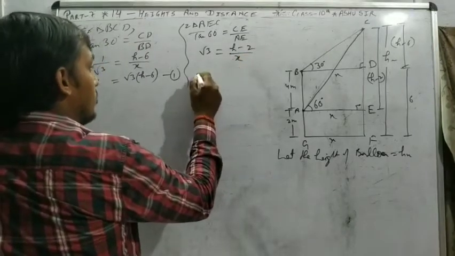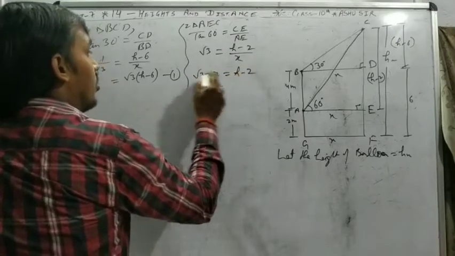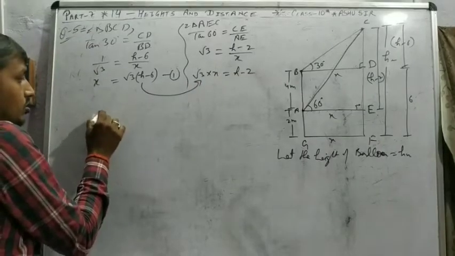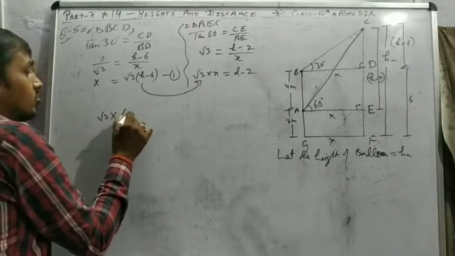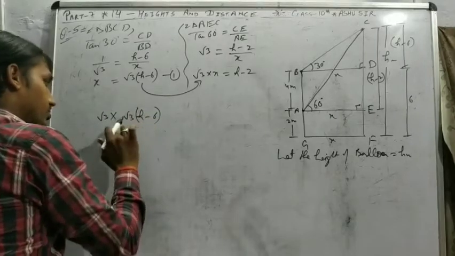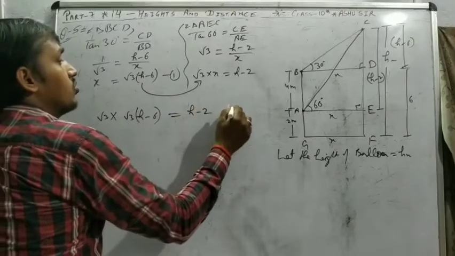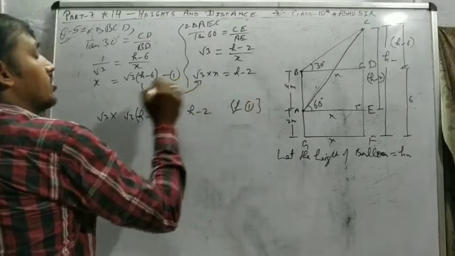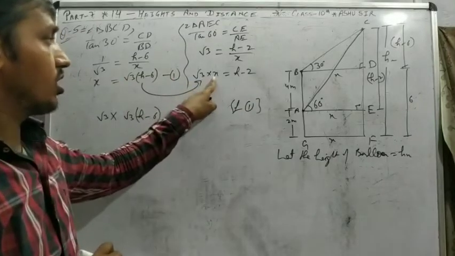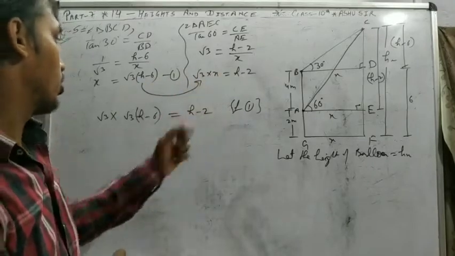So put the value of X here. So what you get, root 3 into the value of X from first is equal to H minus 2. Means from first, the value of X is put in this equation. So root 3 is same, X is this, H minus 2 same.